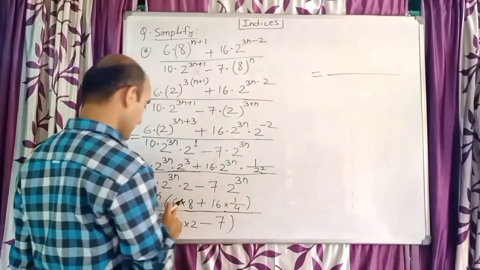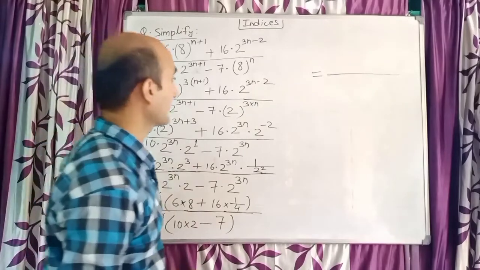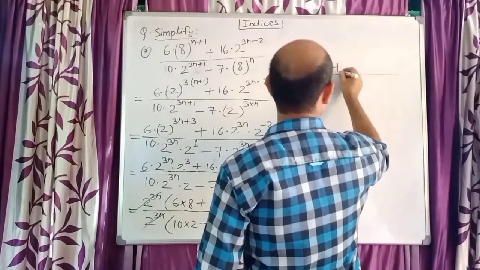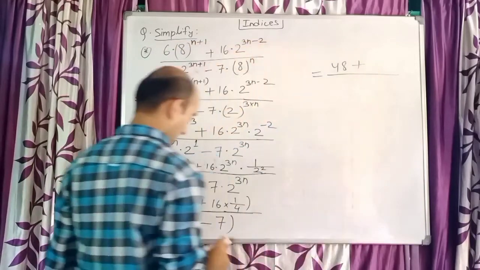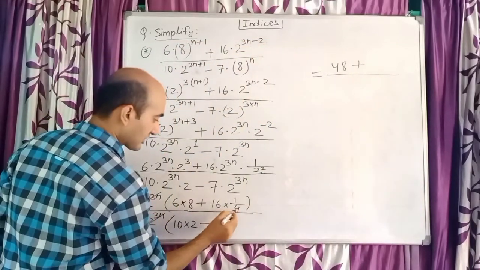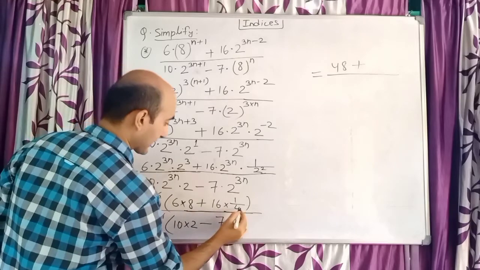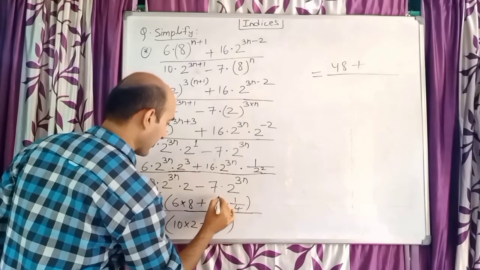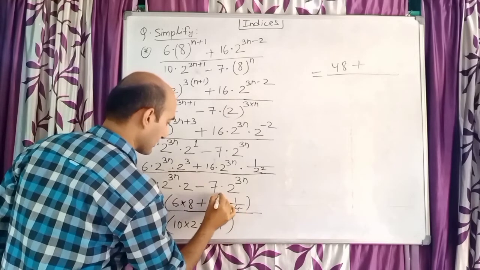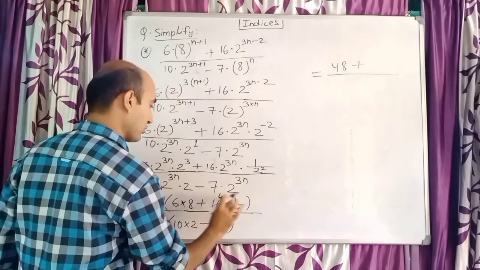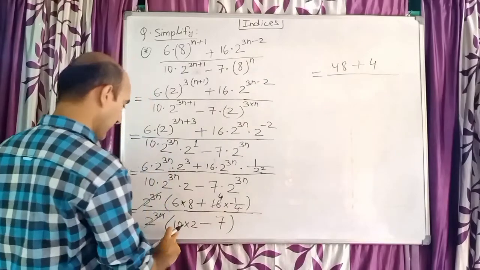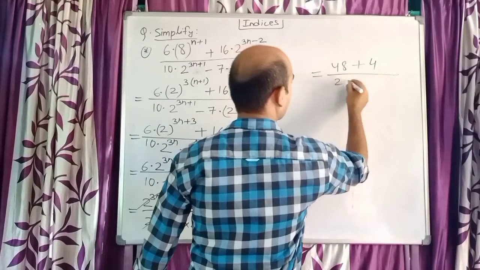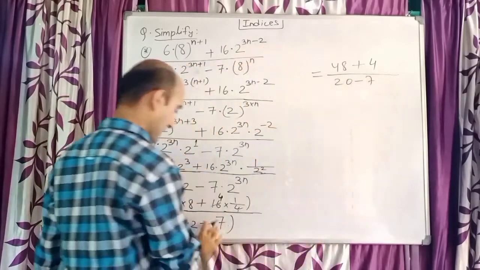So simple. 6 8s are 48. We have plus here, and here also 4 is in the denominator and 16 in the numerator. You can cancel it: 4 4s are 16, so 4 1s are 4 remains here, and here 10 2s are 20, minus only 7.